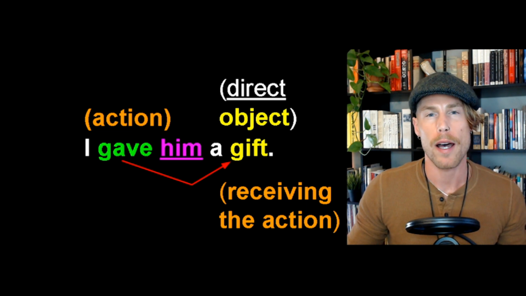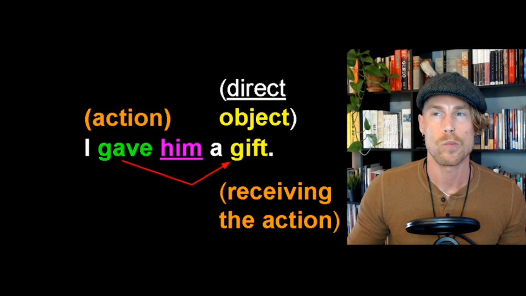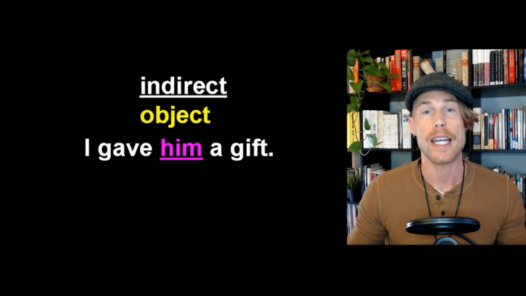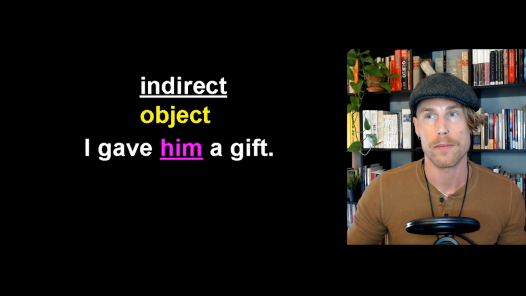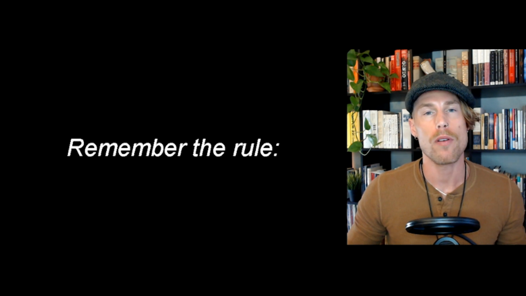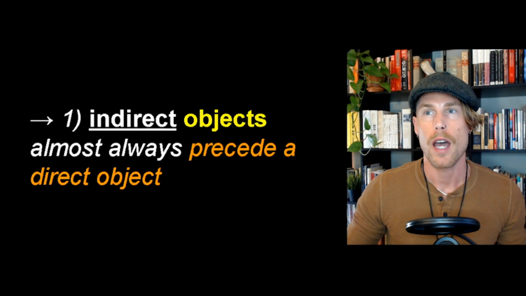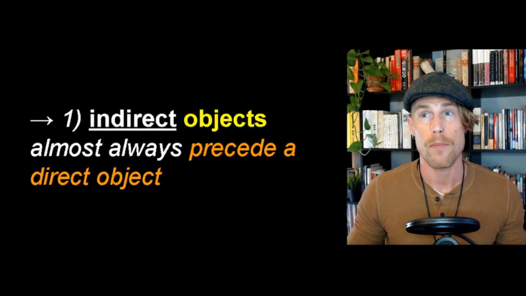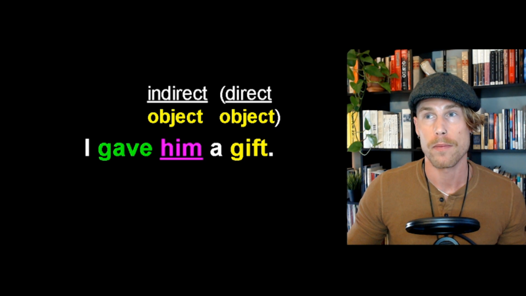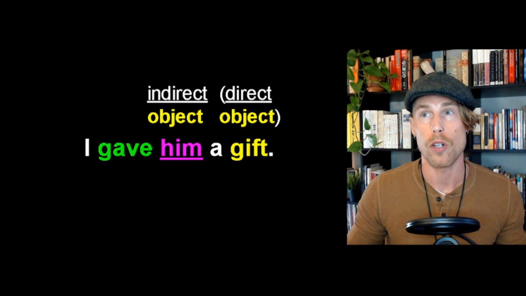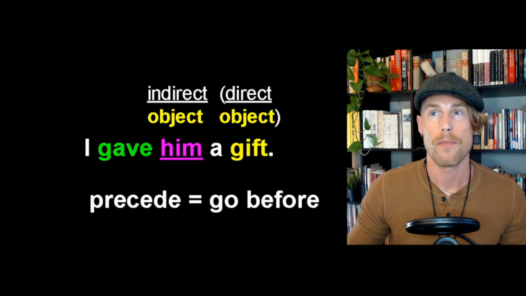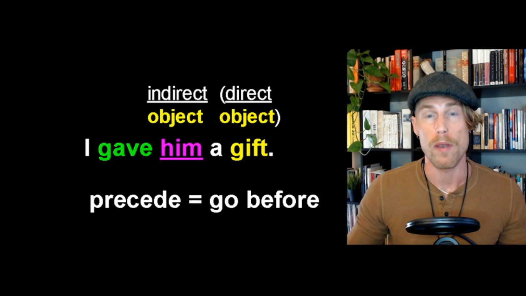But what about him? Him is the indirect object. Remember the rule. Indirect objects almost always precede a direct object. Him goes before gift. Precede means go before.